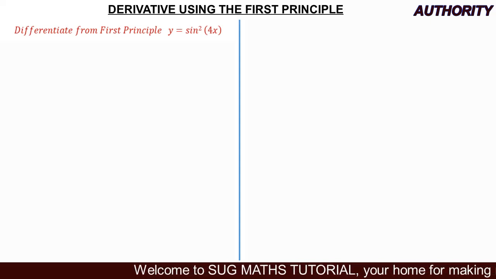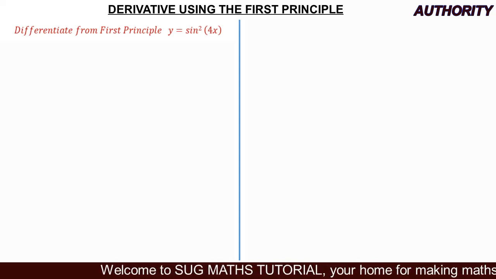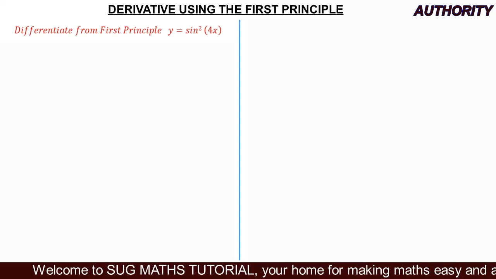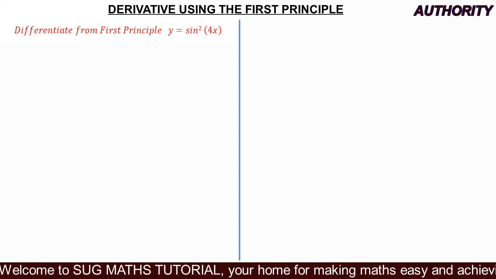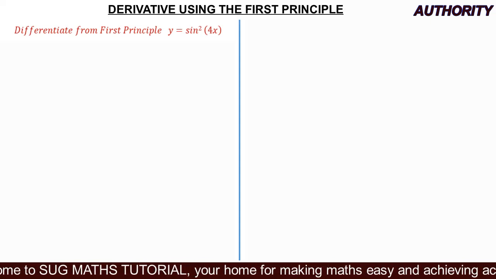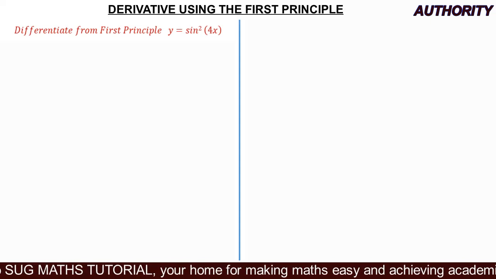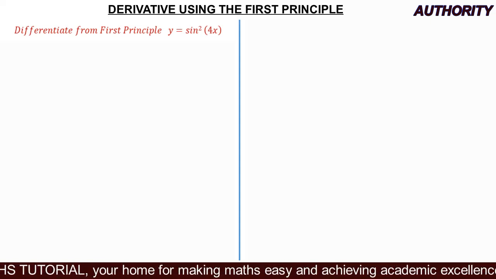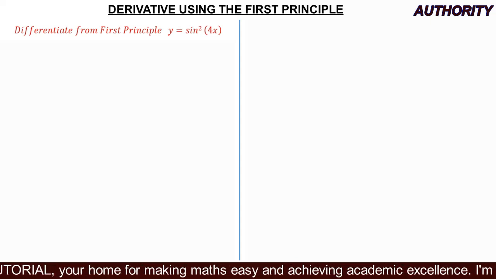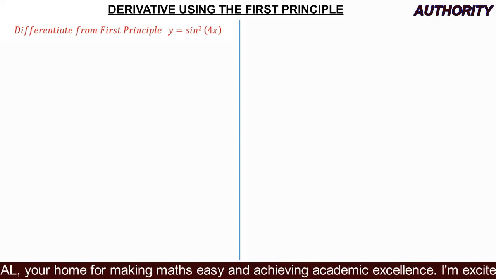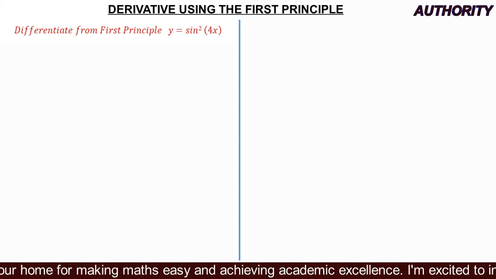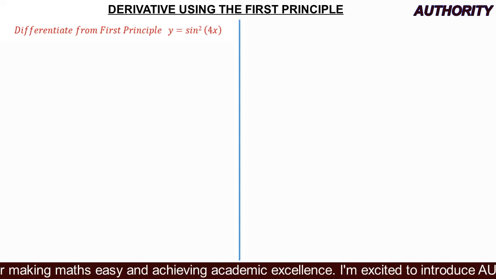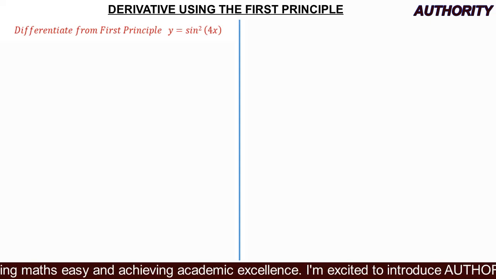Yes, we've been talking about derivative and differentiation, but today let's talk about derivative or differentiation using the first principle, or differentiation or derivative by definition. Either you call it differentiation by definition or using first principle, whichever one, both of them are the same.